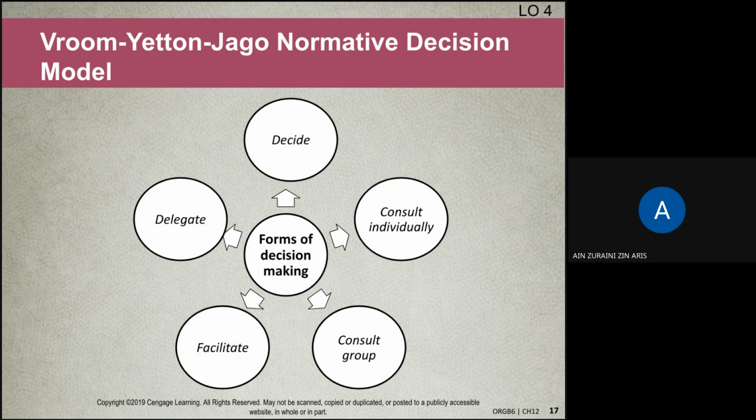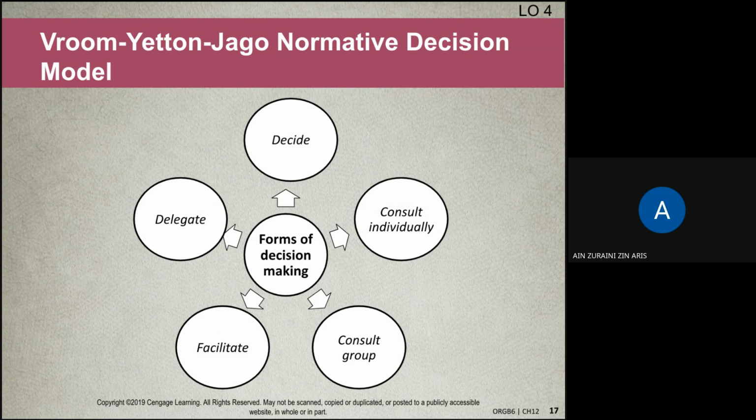So this is the Vroom-Yetton-Jago normative decision model, which is a theory developed to help the leaders to choose the most appropriate level of involvement when making decisions. Okay, so the core idea of the model is about decision-making effectiveness.